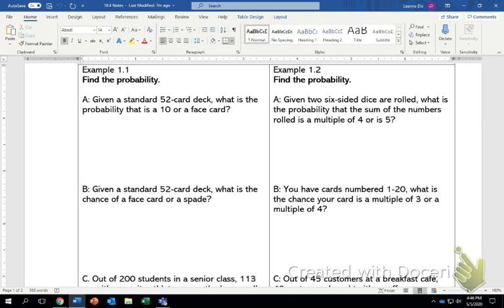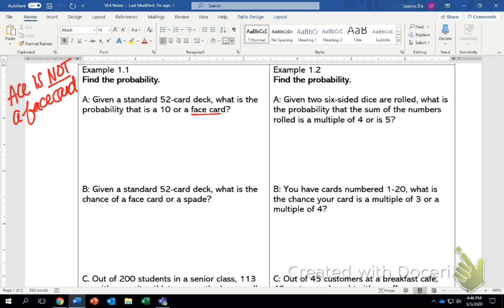Example 1.1 and 1.2 say find the probability, and we're going to be given a standard 52 card deck. I just found this out because I was taking the quiz in preparation to help you guys, and I noticed that the book does not include ace as a face card. So ace is not a face card, just so you guys are aware.